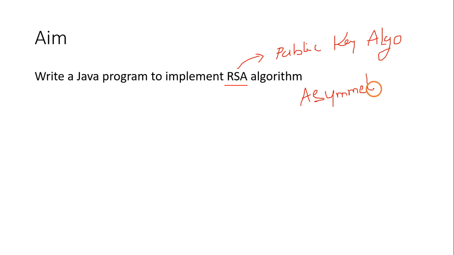So you already know the meaning of a symmetric algorithm, right? If you are using the same key for encryption and decryption, that is called a symmetric algorithm. If you are using different keys for encryption and decryption, that is called an asymmetric algorithm, which is also called a public key algorithm.